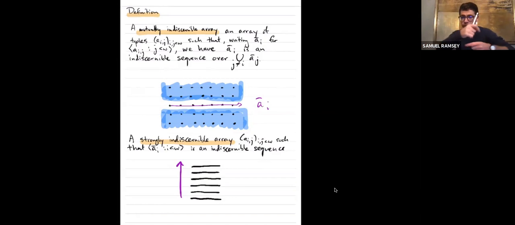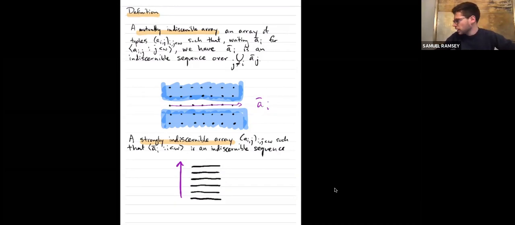Okay, so somehow if you freeze everything and then you start moving along this row, you're indiscernible. Now, if you additionally can move vertically indiscernibly, then you're a strongly indiscernible array. And what does that mean? It means you can look at the sequence of sequences, the a bar i's, and as you vary i, that should be an indiscernible sequence as well.